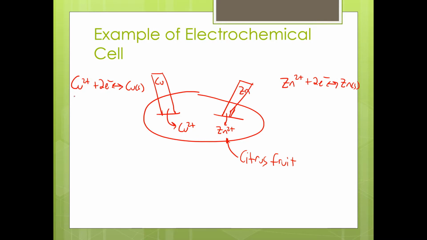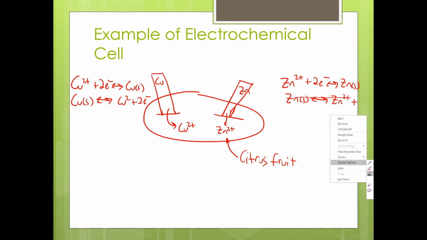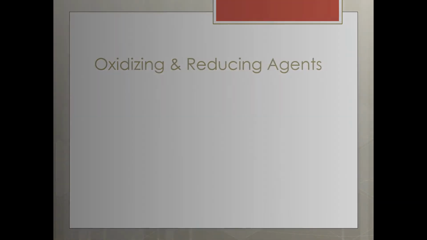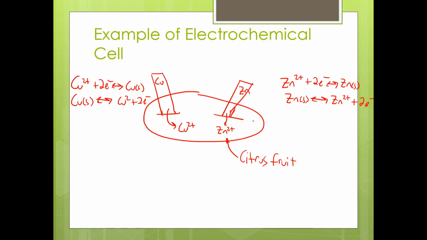But the reverse can also happen, where we get the solid copper turning into copper ions and electrons, and the solid zinc turning into zinc ions and two electrons. So these are possible things that could happen.